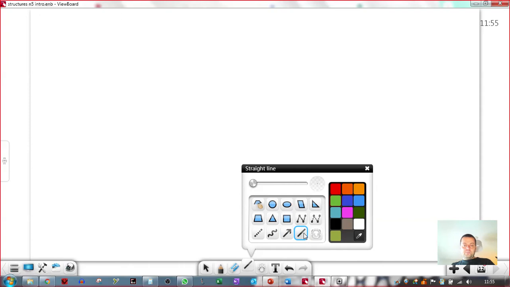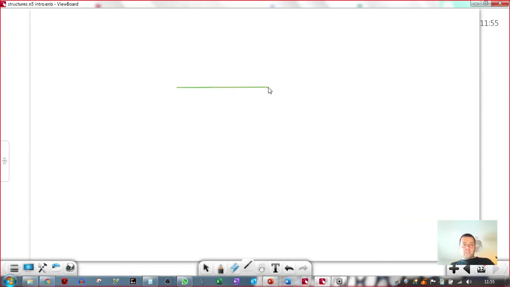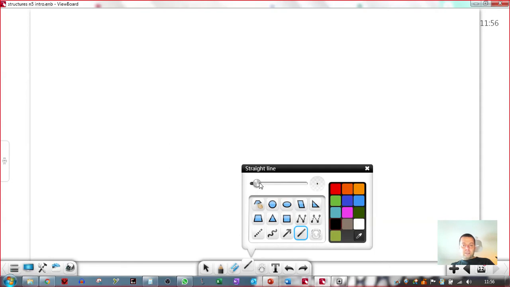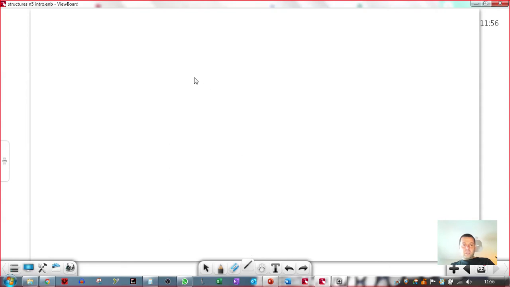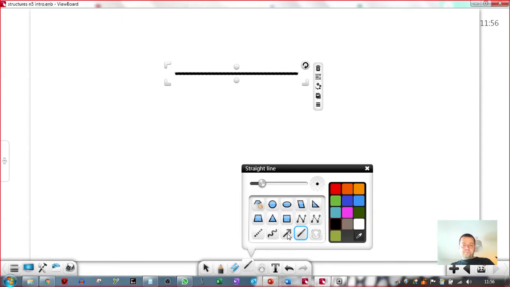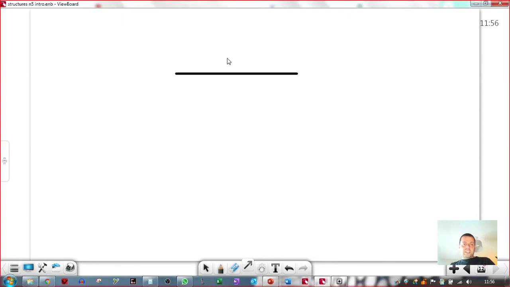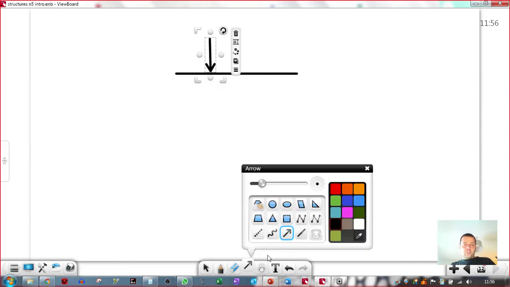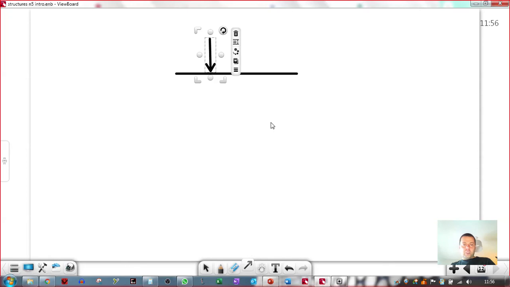So we start off with creating a valid free body diagram. Right, so there's a beam. In these instances it tends to be that there is a downwards force and that there's two reaction forces pointing up.